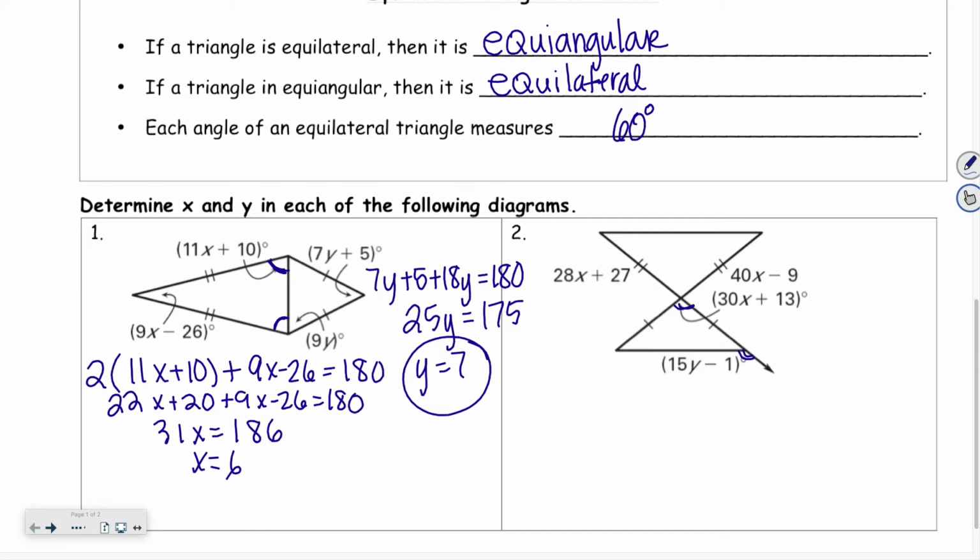Take a minute, and I want you to solve for x and y on this shape. Where it says 40x minus 9, is that talking about the side? Yes. That's what I just said.